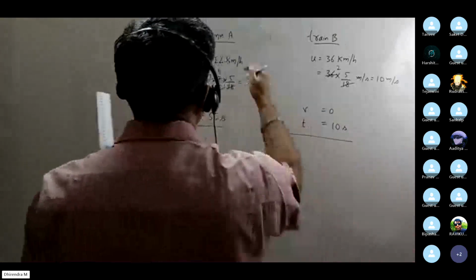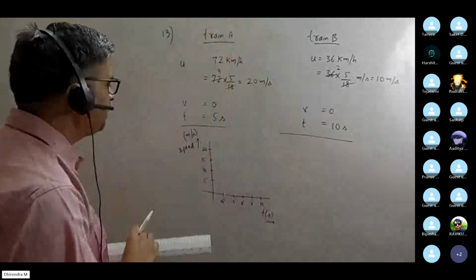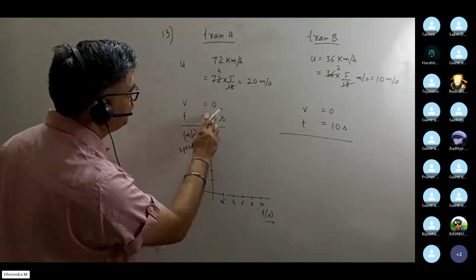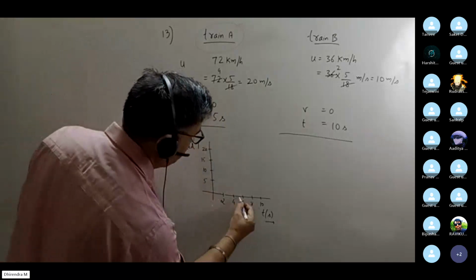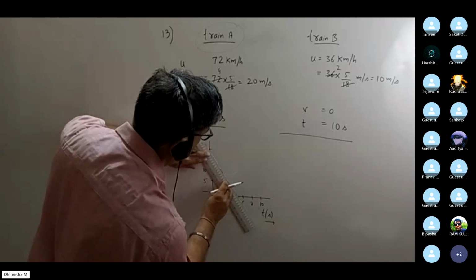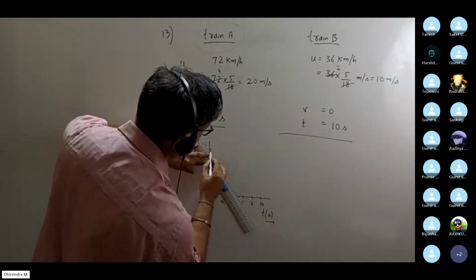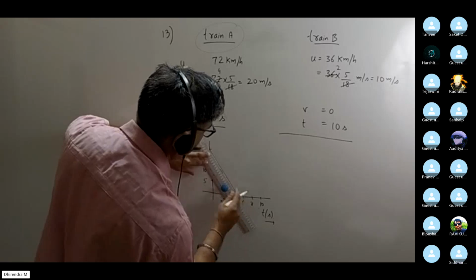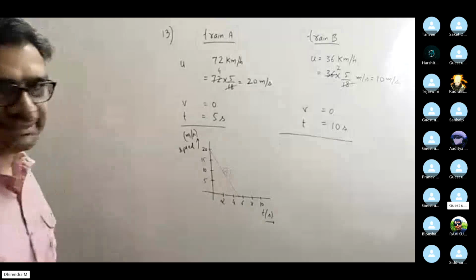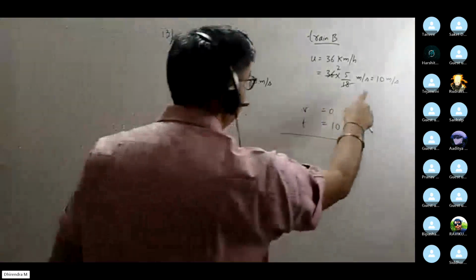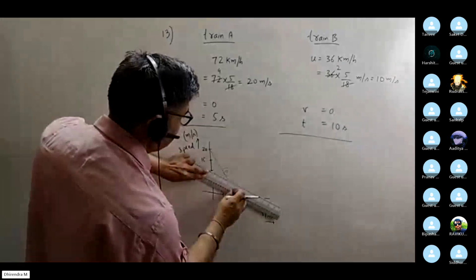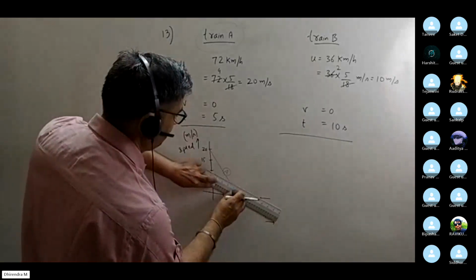So now let us plot these points. The first one is for train A. It starts from 20 meters per second and comes to 0 in 5 seconds. So mark the 5 here. Don't you think this graph will look something like this? This is for train A. And for train B, it started from 10 and came to 0 in 10 seconds.